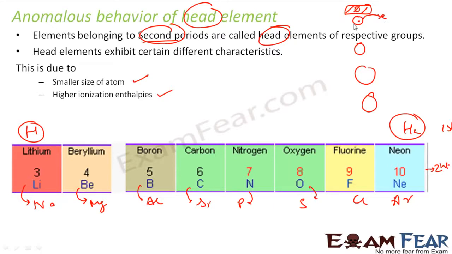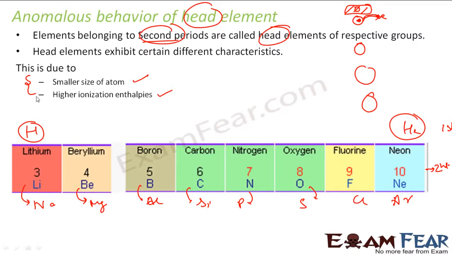Right? What is ionization enthalpy? It is nothing but the energy required to take out an electron from the atom. Since the size is so small and the electrons are totally held by the nucleus, it's very difficult to pick one electron from this atom. And we have discussed this in the atom chapter, the trends of the ionization enthalpy and the size across the periodic table. We discussed it in the past few chapters.